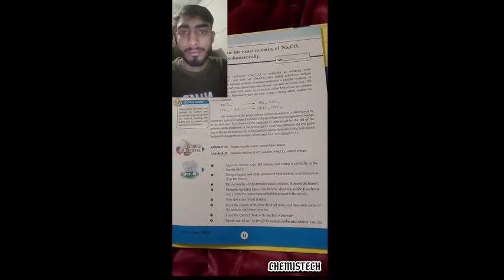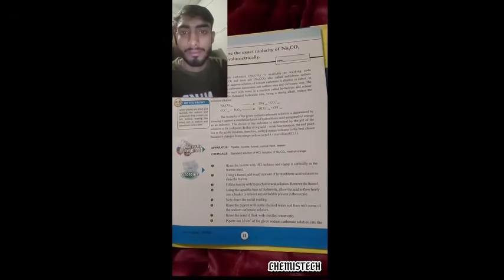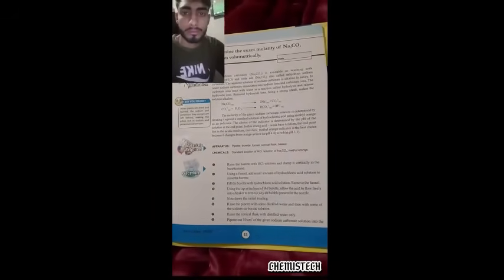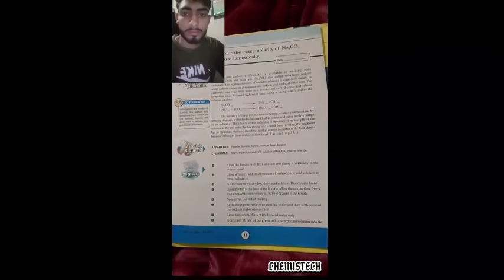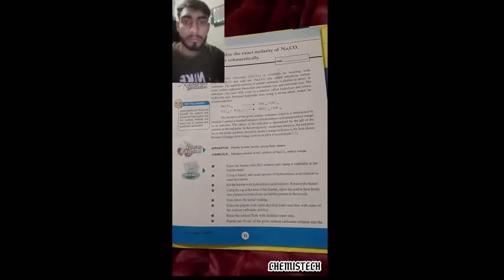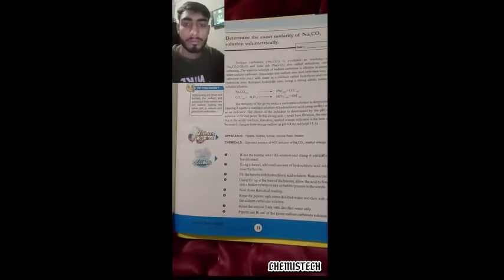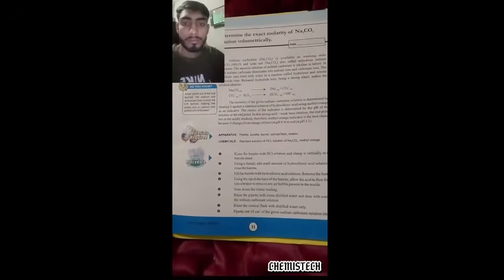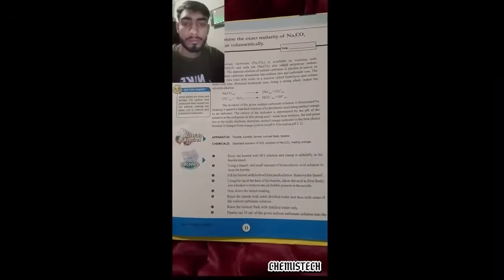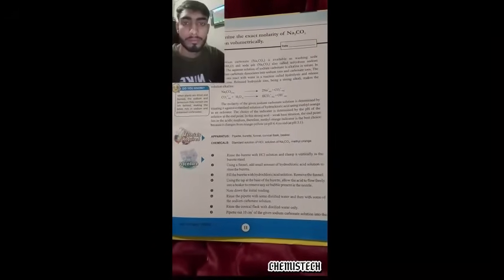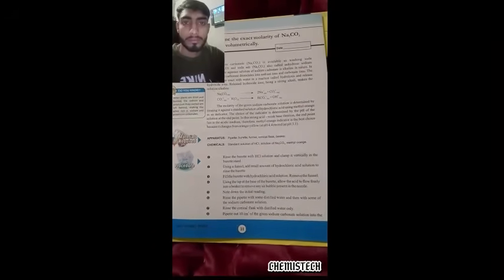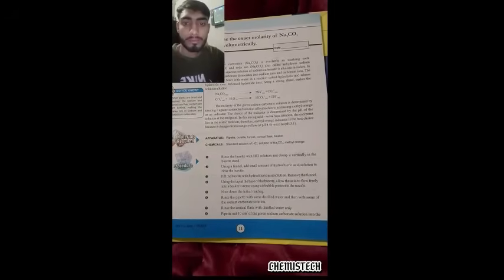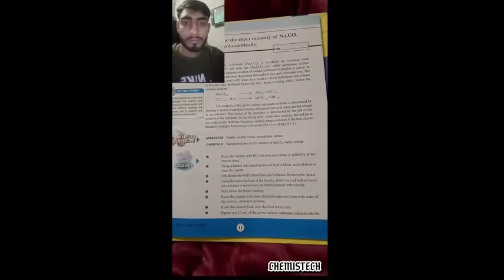Therefore, methyl orange indicator is the best choice because it changes from orangish yellow at pH 4.4 to red at pH 3.1. Here is the apparatus: pipette, burette, funnel, conical flask, beaker. Chemicals: standard solution of HCl, solution of Na2CO3, methyl orange.